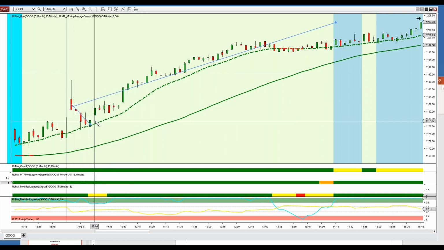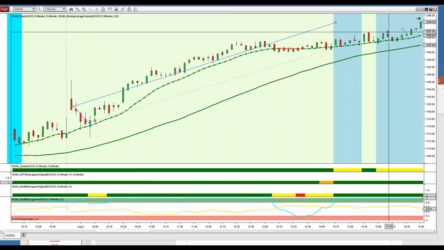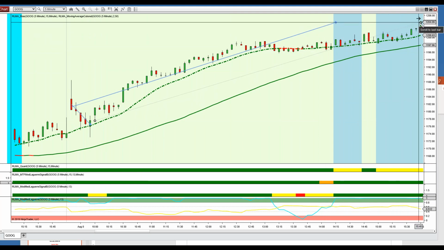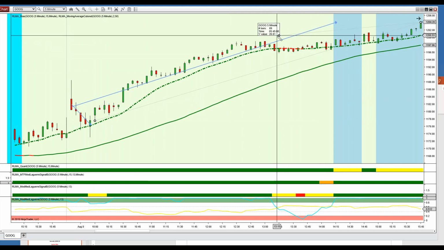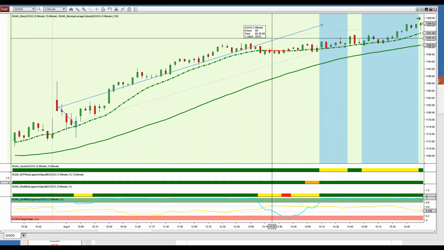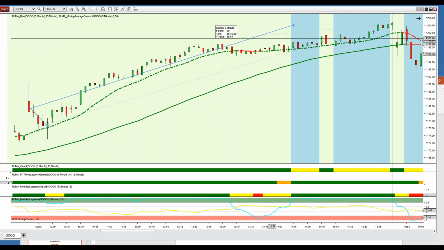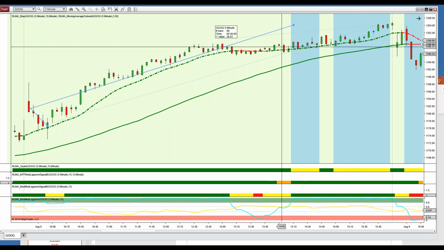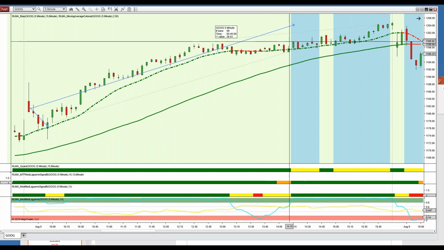Now, you're not going to get from the bottom to the absolute top, but if you can get 26 points on Google, actually, you'd probably exit the trade about right here.